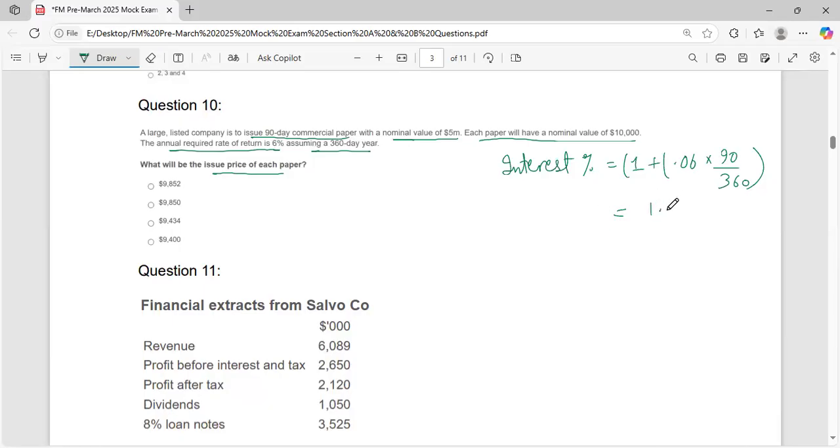We have 1.015. Now we can calculate issue price, which is equal to $10,000 divided by 1.015. So $10,000, it is 9852.